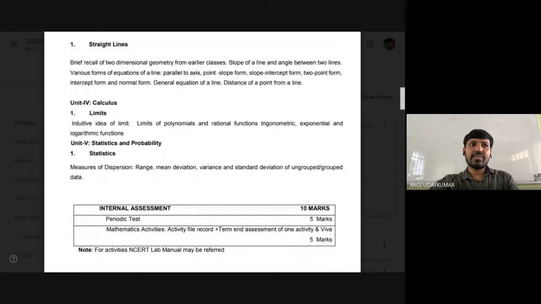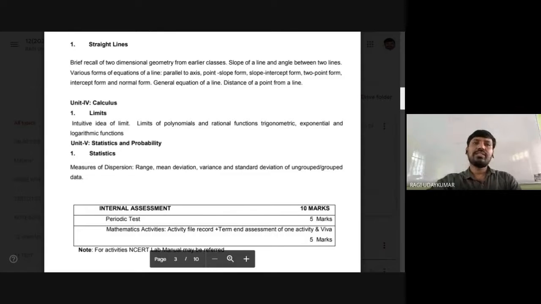Under statistics: measures of dispersion, range, mean deviation, variance, and standard deviation of ungrouped and grouped data. Statistics and probability is a unit name, so don't get confused. Under this unit, only statistics is there in term 1. Probability comes in the next term.